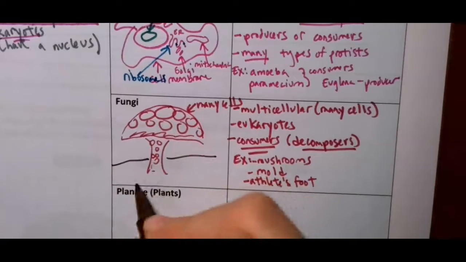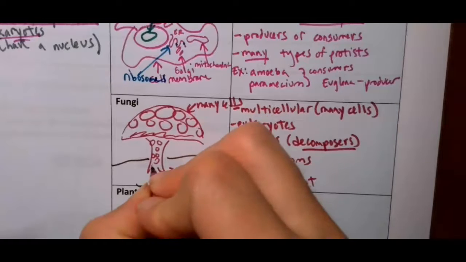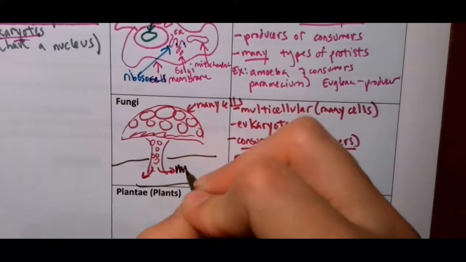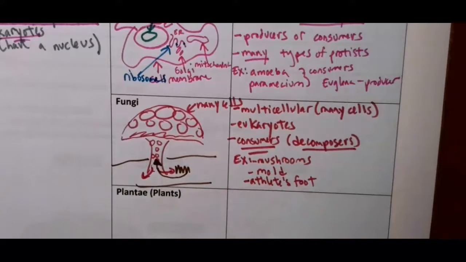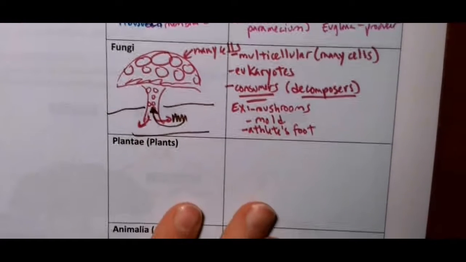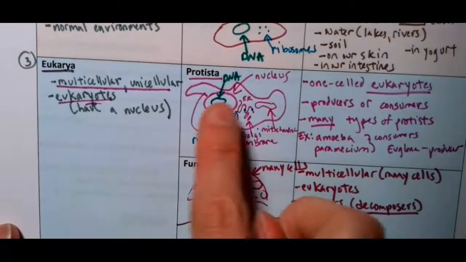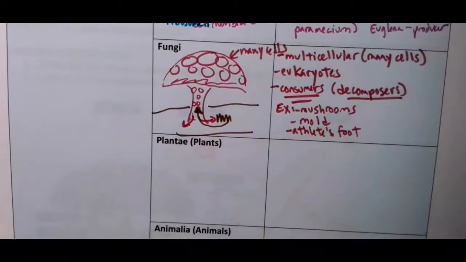Here's my dead log. And these fungi secrete digestive enzymes that break down the wood, and then the fungi suck up the nutrients. That's why they're known as consumers. Okay. So fungi are still part of the domain eukarya. So eukarya contains protista and fungi. It also contains plants and animals.